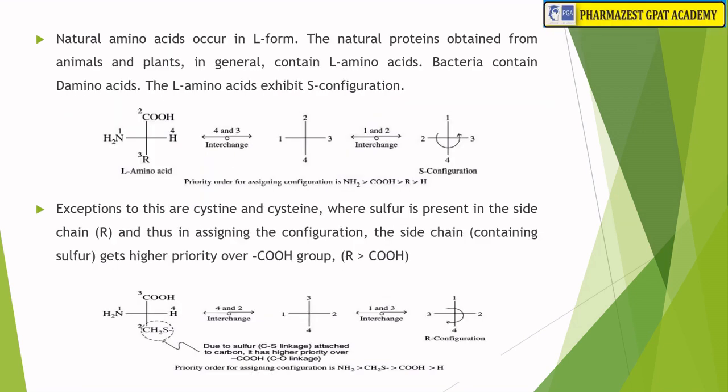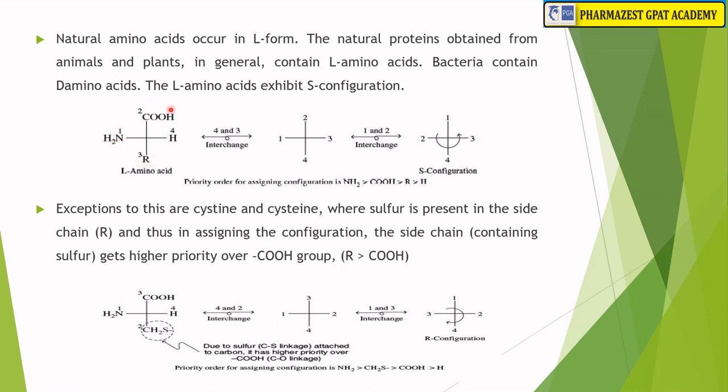Next, coming to some of the important concepts regarding the stereochemistry aspects of amino acids. All of the natural amino acids occur in L form, that is levorotatory. See, levorotatory 1, 2, 3 and like this.